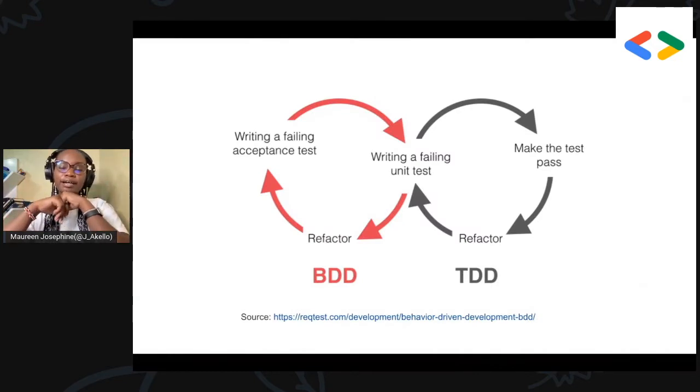So this is a highlight of the difference between BDD and TDD. BDD is more on testing certain scenarios, like when you open the app, does it launch as expected? Does it work as expected? However, from the TDD side, it's more on writing tests for the functional code.